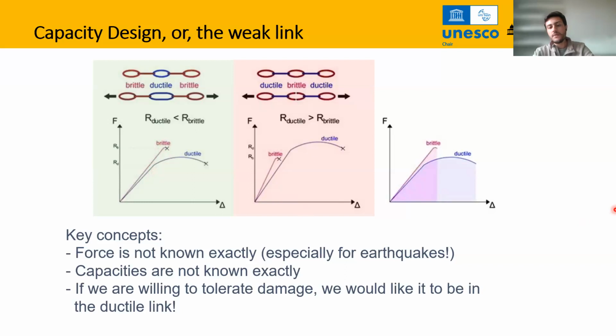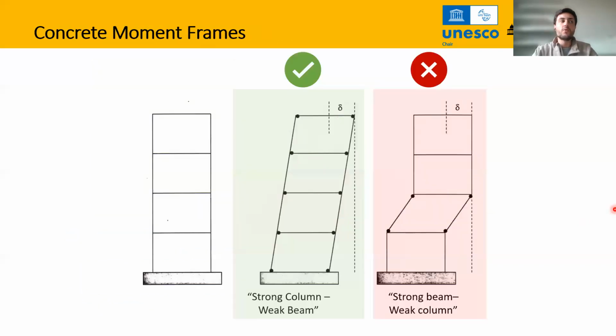In particular, when we are talking about these bare frame structural systems, we want the ductile elements to be the beams and not the columns, because if we give this ductility to the columns, then we can have this strong beam and weak column behavior, and therefore we can have these soft story mechanisms that will generate the collapse of the building.